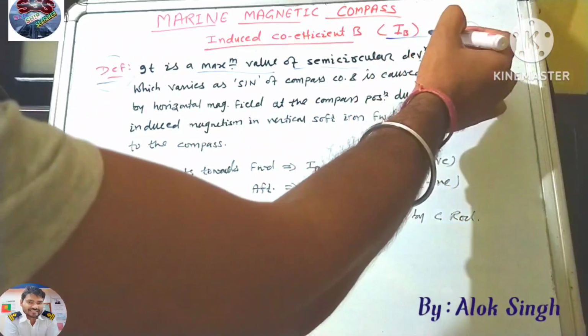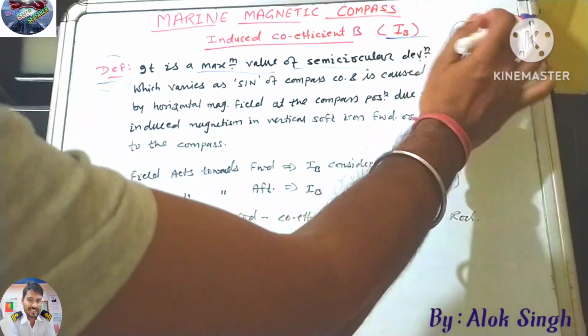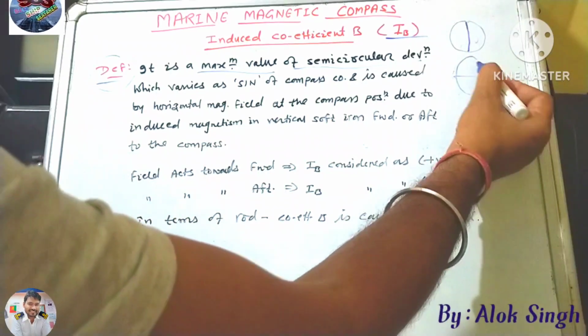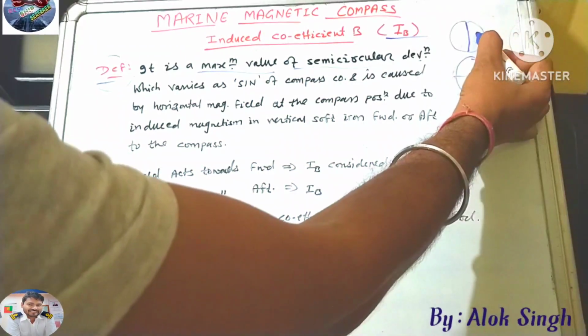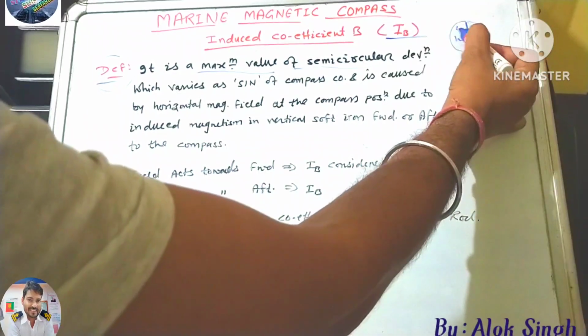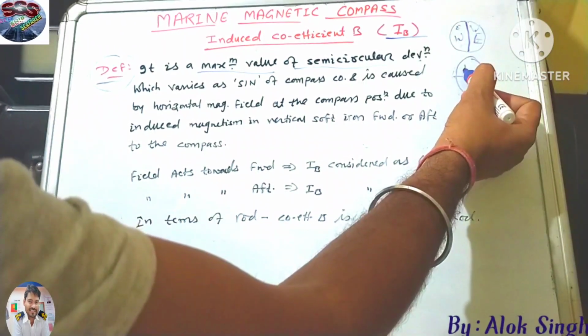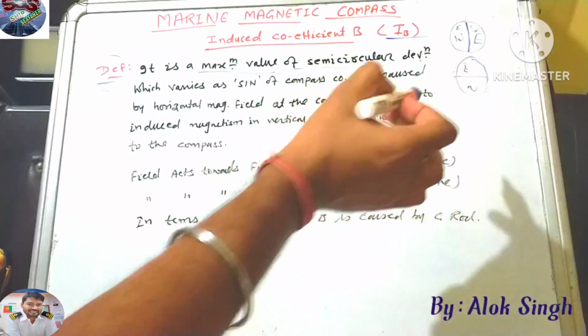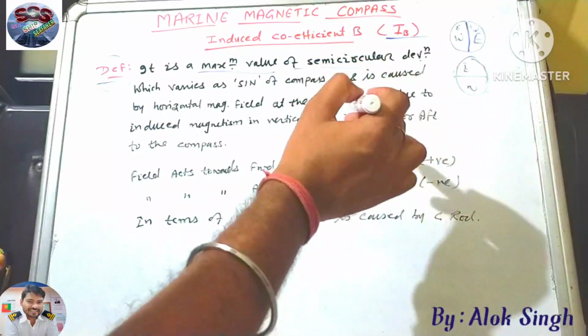Semicircular means it is either by this way or by this way, in which it will be either east here, west here, or west here, east here. It can be this side also, east, west. So we'll see which type of semicircular is here.